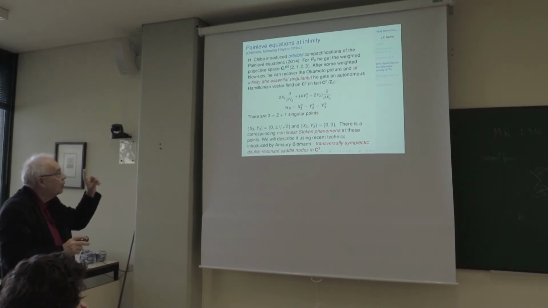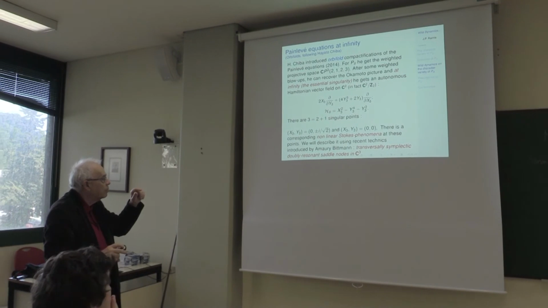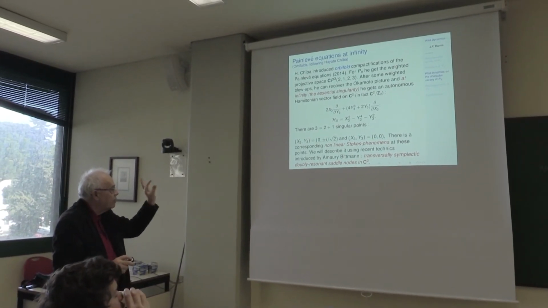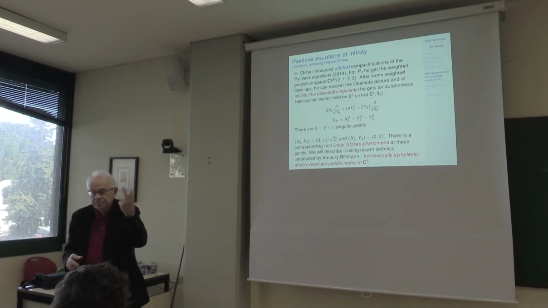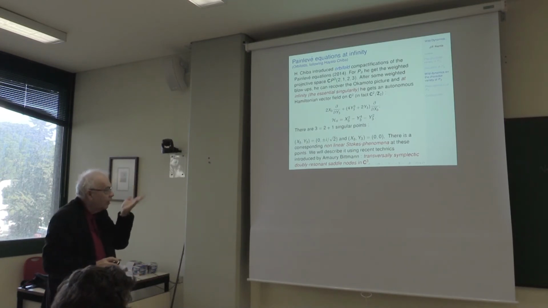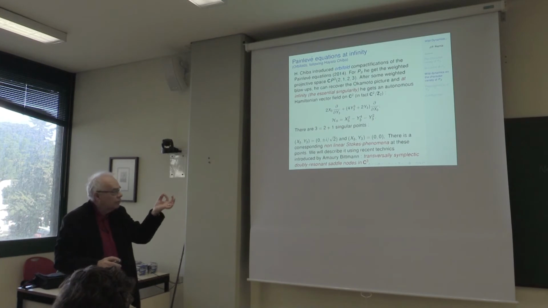And in fact, for orbifold structural reasons, you have an action of Z2 on the picture. So one of the points is fixed by this action, and these two are symmetric. So in fact, practically, you have two singularities. You have to look at two singularities. Okay, and now at each singular point, you have a nonlinear Stokes phenomenon.